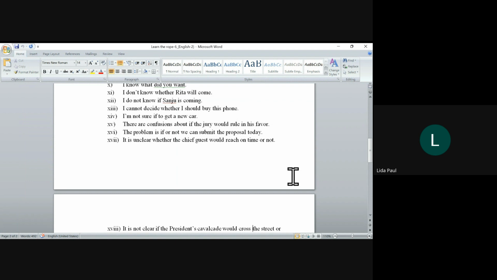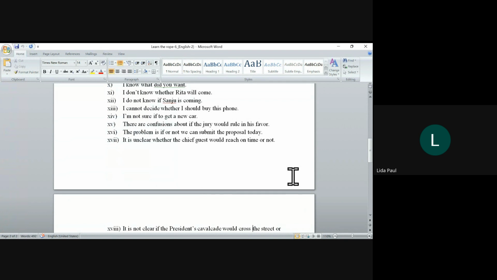Now, if you try to apply the rule that after if you have a full sentence, you can use either if or whether, that doesn't apply in this sentence because of the presence of a preposition. If you had no preposition, you could have used either: there are confusions whether the jury would rule in his favor, or there are confusions if the jury would rule in his favor. This is okay.